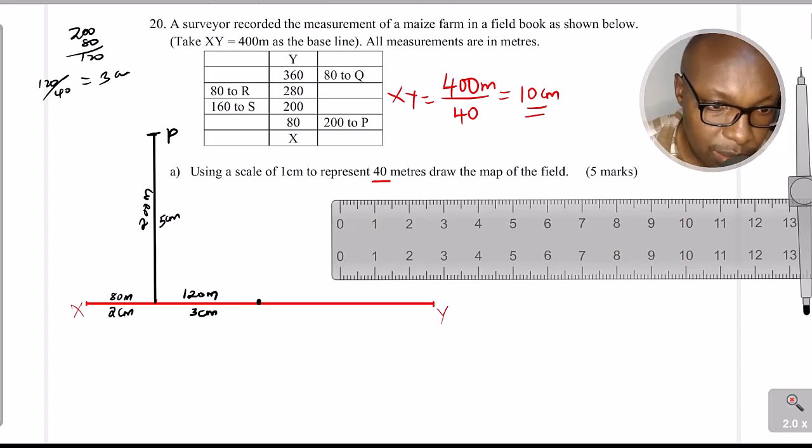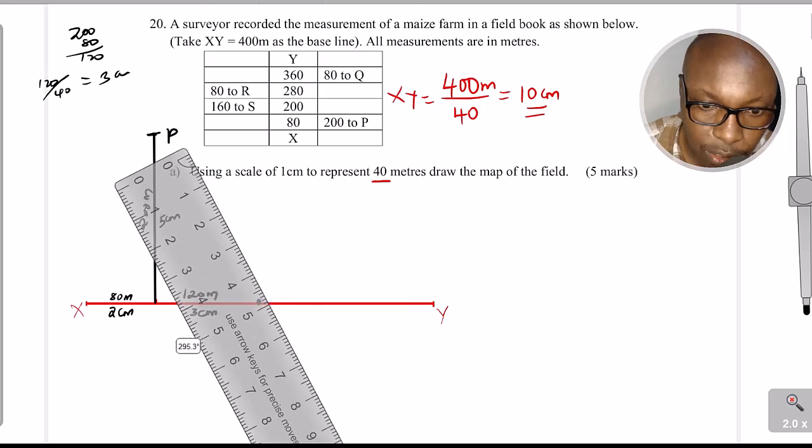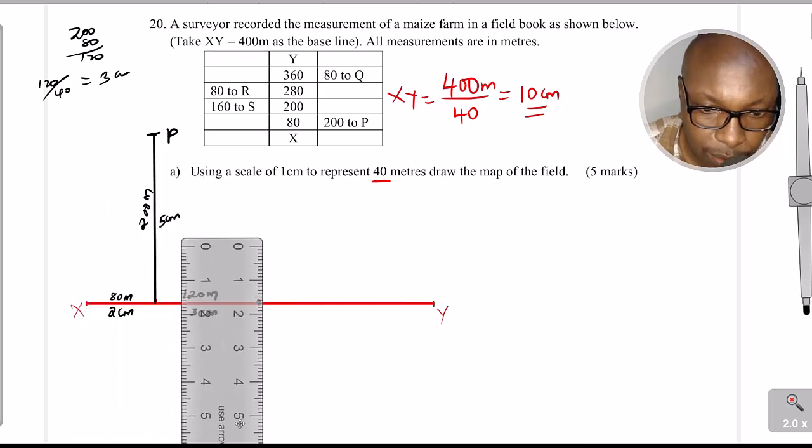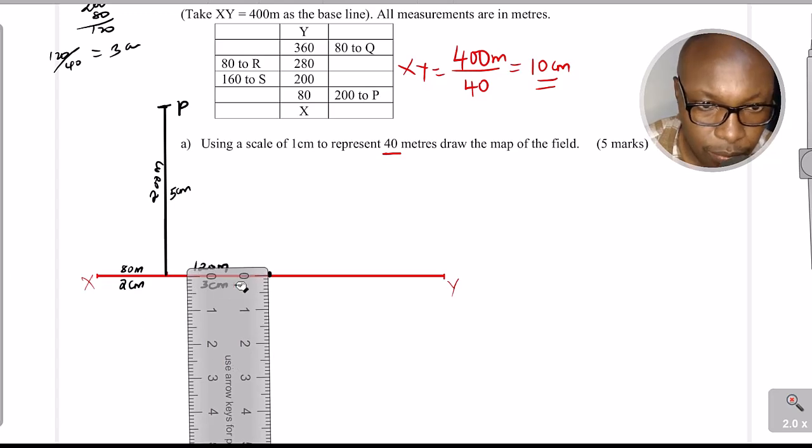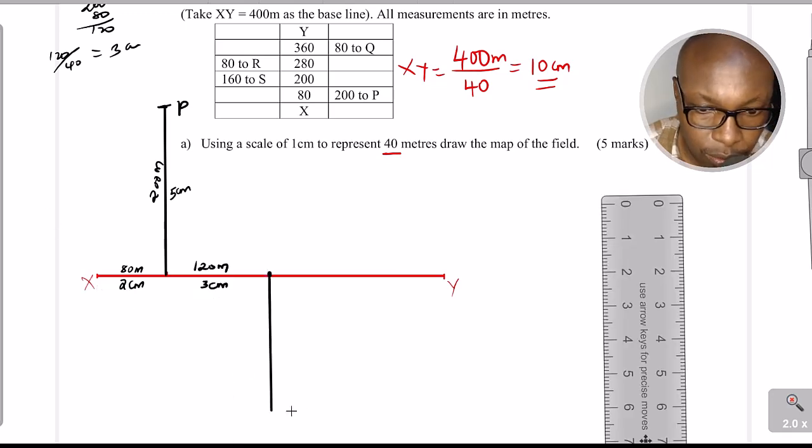So we measure 4 centimeters up to that point. So that is where we have point S. So that is 160 meters, which is equivalent to 4 centimeters.